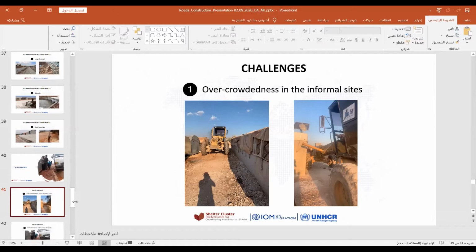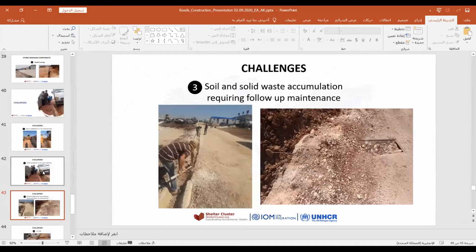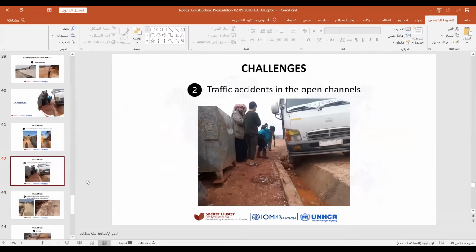And in this narrow road, maybe we can build an open canal which is covered with blocks or covered with anything else. We can build closed lines, but we shouldn't compromise water drainage when it comes to constructing roads.